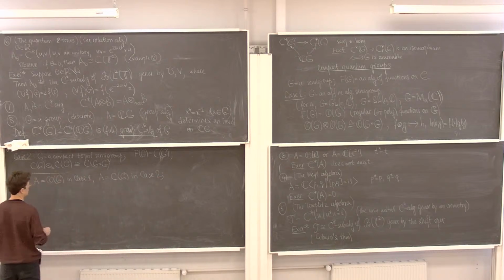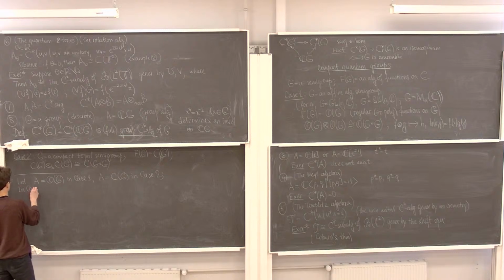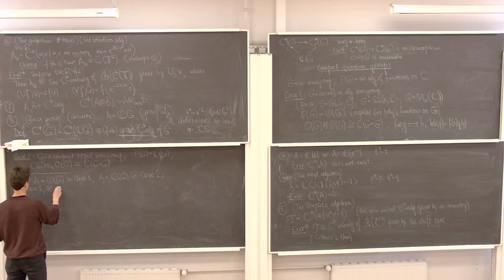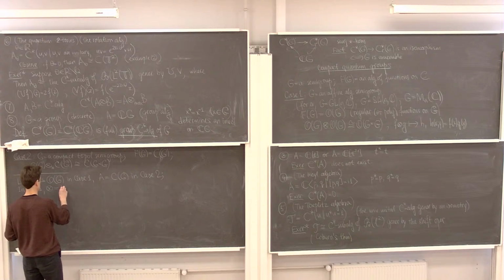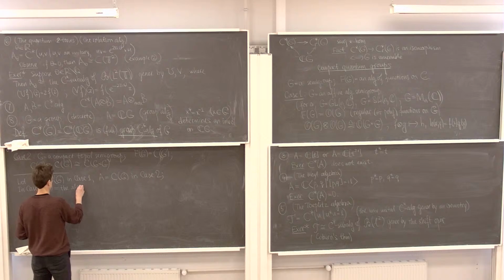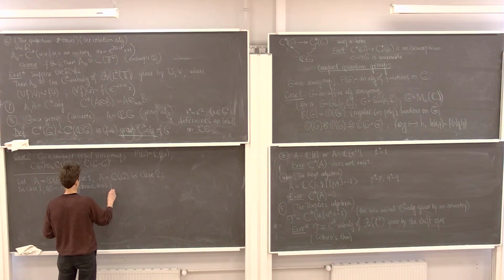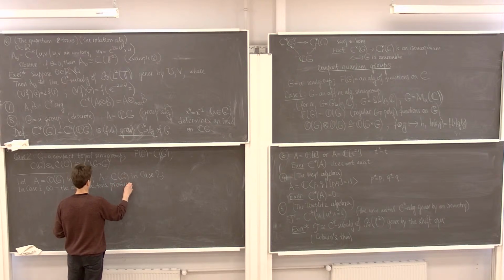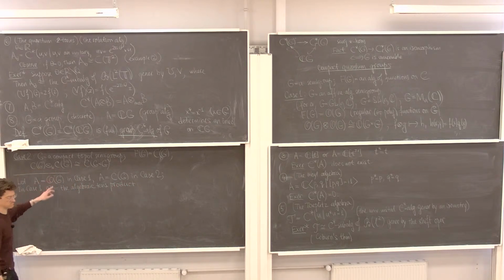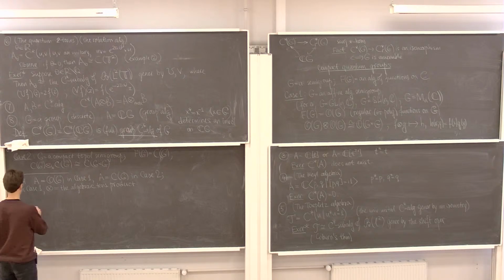Also, in case 1, we take the usual algebraic tensor product. In case 1, this symbol, as usual, denotes the algebraic tensor product. And in case 2, it's natural to take the spatial C-star tensor product.